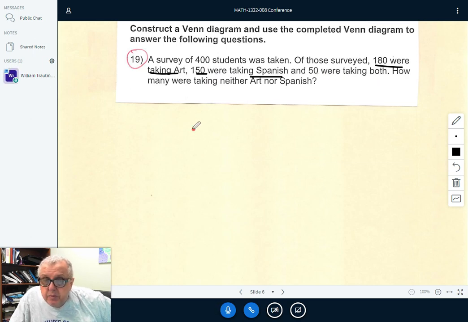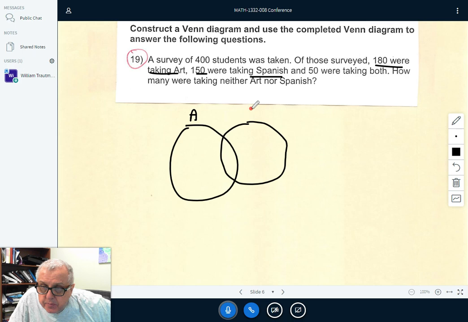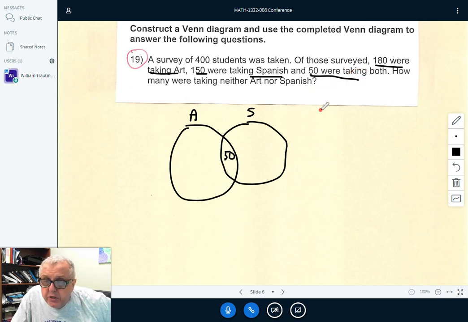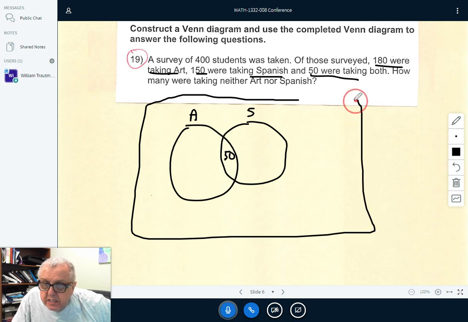So we're only dealing with art and Spanish. There's my art, and here's my Spanish. They overlap because 50 are both. You see, 50 we're taking both. So we know there's 400 altogether in the universal set.